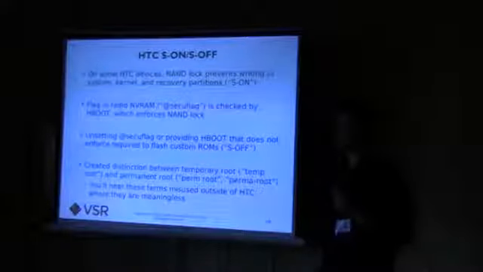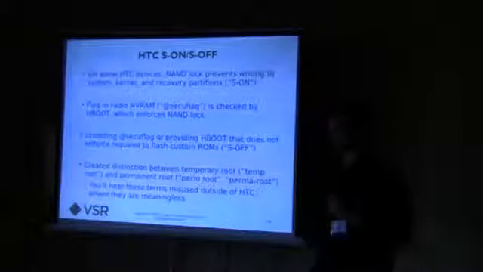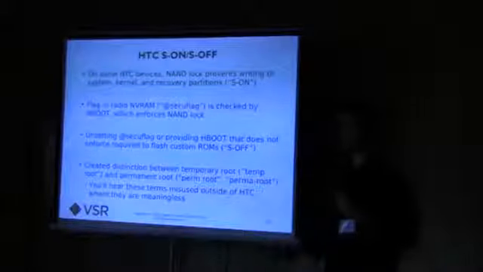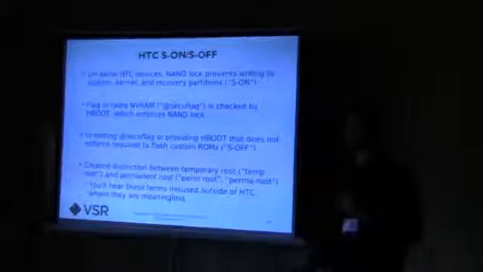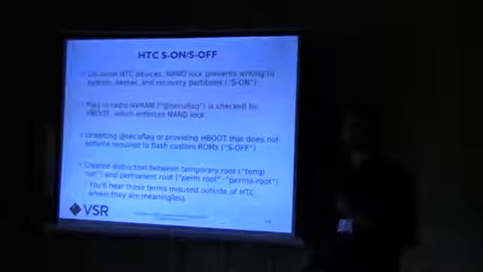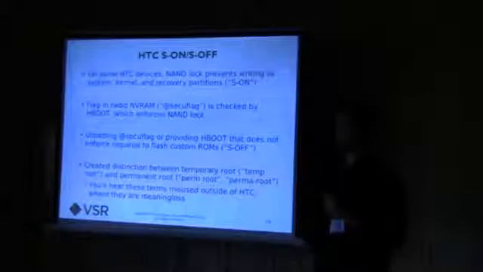Now, HTC actually has some additional protection mechanisms in place to prevent modding that's in the Android world called S-on and S-off. And what this comes down to is a NAND lock, so locking the flash memory at the hardware level to prevent writing to specific partitions, namely the system, kernel, and recovery partitions, which is where all the stuff essential to running the operating system lives. And the way this works is there's a flag in the radio NVRAM called the secu flag that's checked by hboot, which is that last stage bootloader.